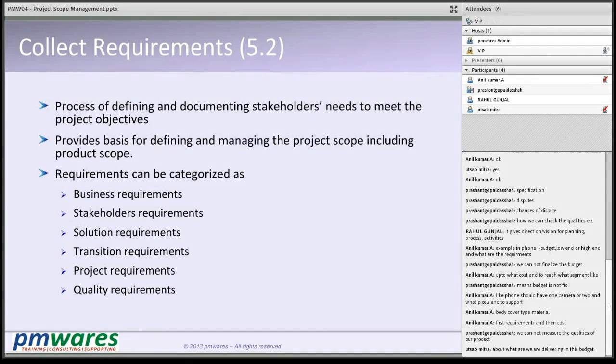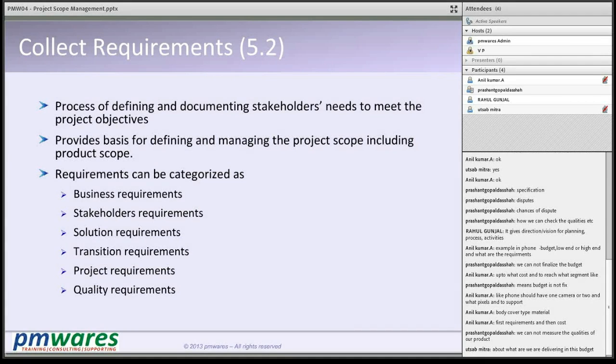Now many times I tell you that the way the processes are defined discretely in PMBOK, like collect requirements, define scope, create WBS, validate scope, control scope, many times all these processes are not so discrete in all projects. The bigger the project, the more discrete processes you will find.